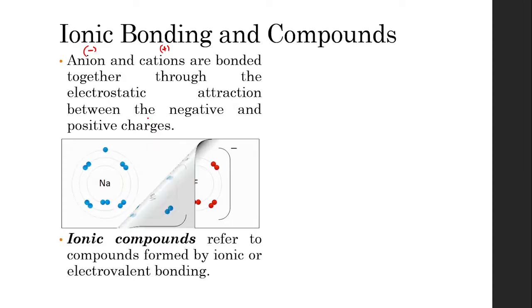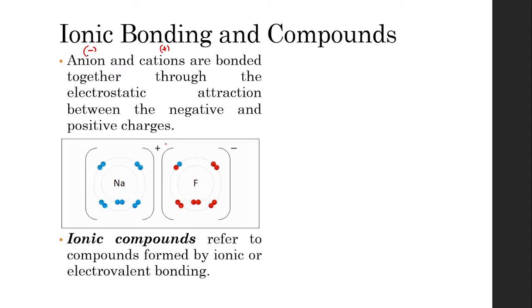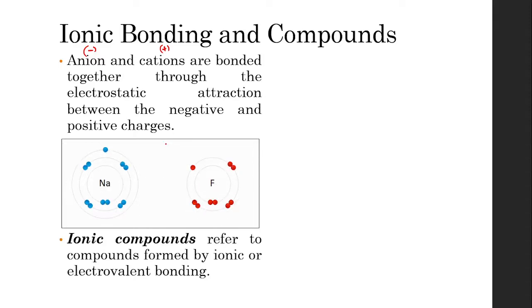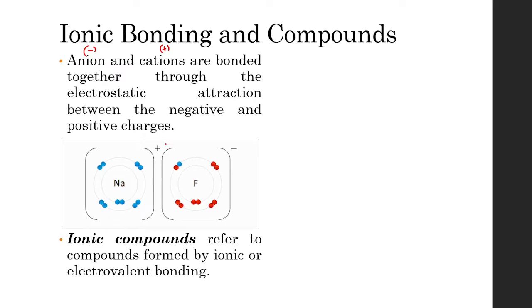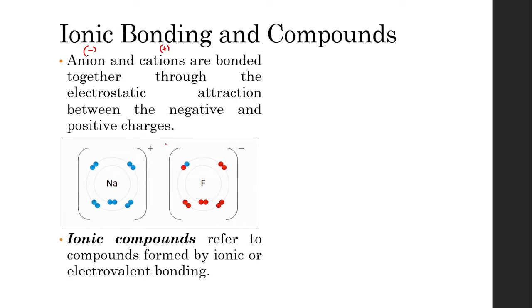And it's because of this electrostatic attraction, this attraction between the positive and negative charge, that our ionic compounds get their very important characteristics, such as becoming crystals. Sodium chloride, our table salt, is an example of a crystal, because it's an ionic compound. Another thing is it gives our ionic compounds a very high boiling point and melting point, right?